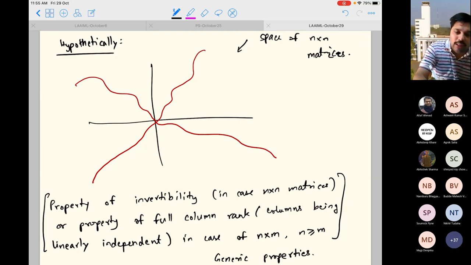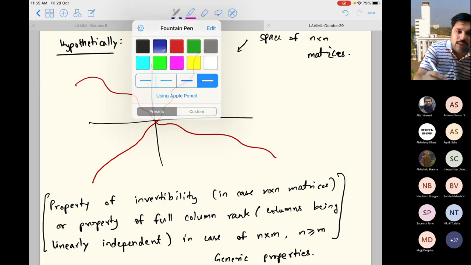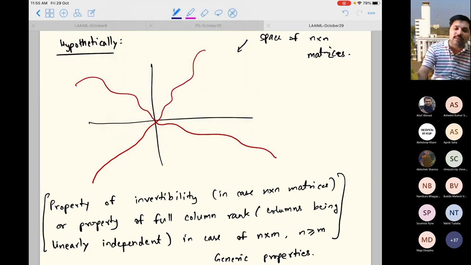But the important thing to observe here is that if this is the set of all n by n matrices, you may not hit the line, but you may be very close to this line, like here. And the other situation is you are here. So this is a matrix A, and this is some matrix B, let us say, for example.